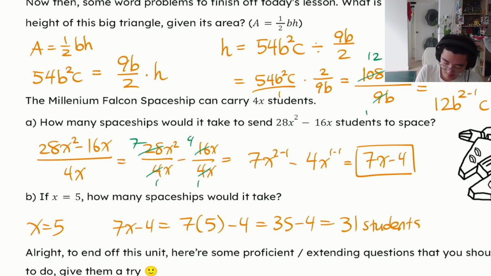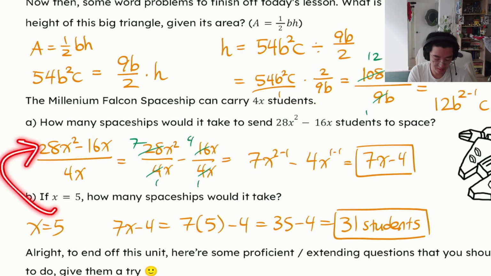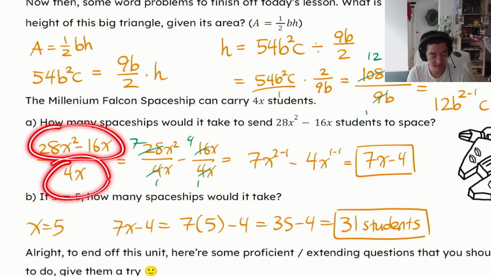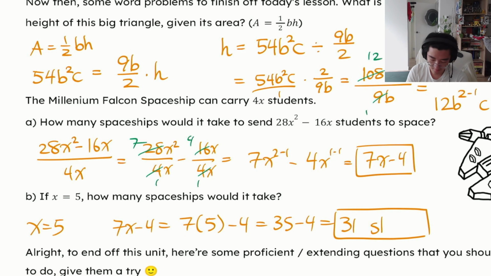Notice how this is a lot easier to calculate than if we were to plug in x equals 5 in here, divided by 20 down here. So we divide everything first, so it's easier to work with. Or not, wait, it's not students, spaceships. Okay.